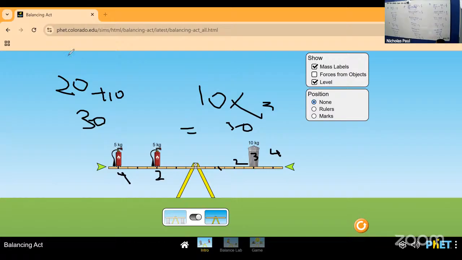Right? So that means that the anti-clockwise moments are equal to the clockwise moments. Is that okay with that? So the law that we're learning there is called the principle of moments. All right? Online, are you okay with that?